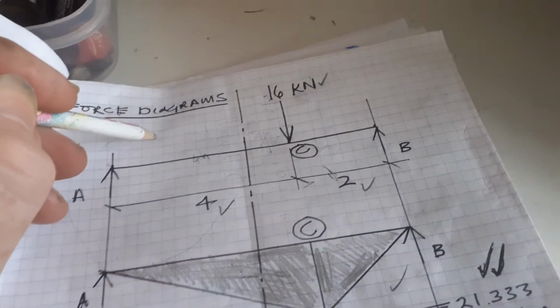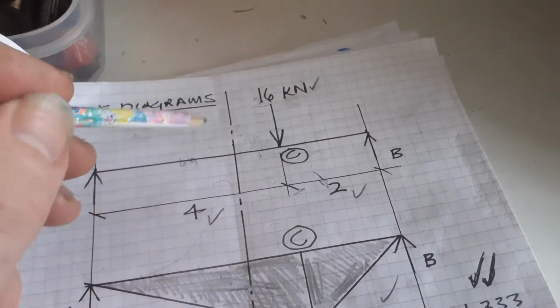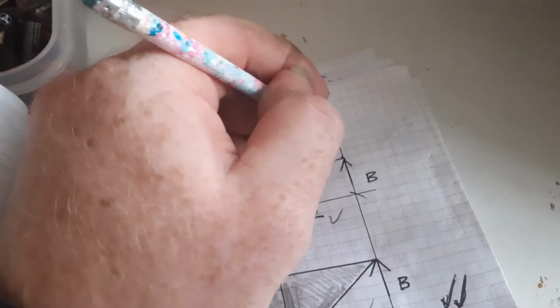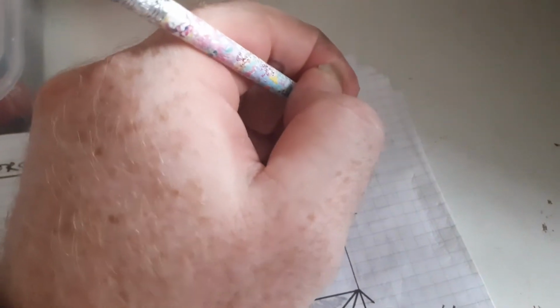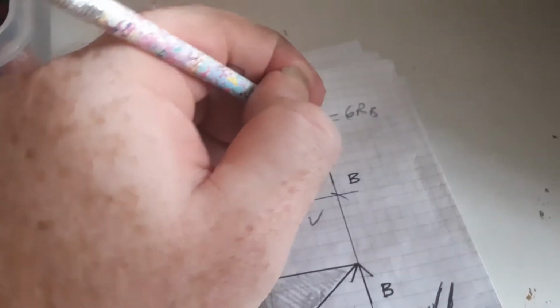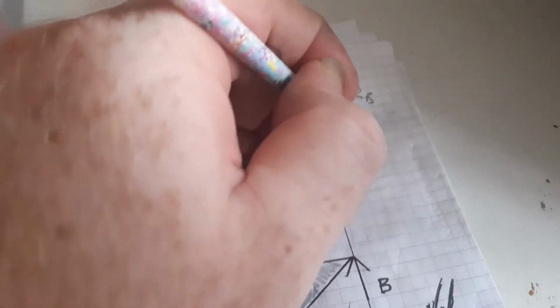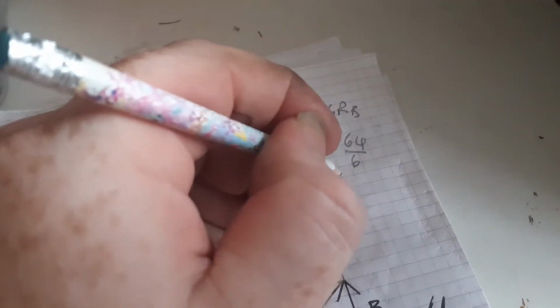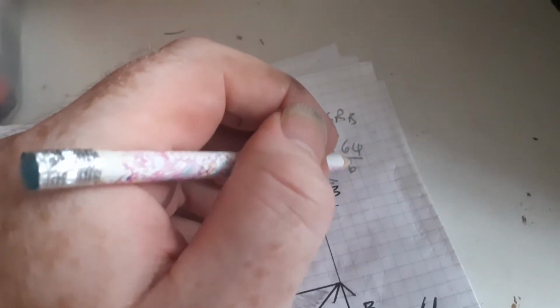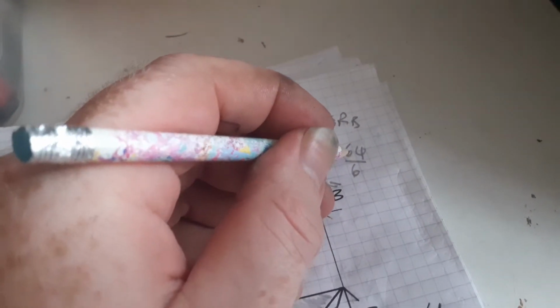That would be clockwise, and that would be equal to 6 RB. Then that means that RB is equal to 64 divided by 6.